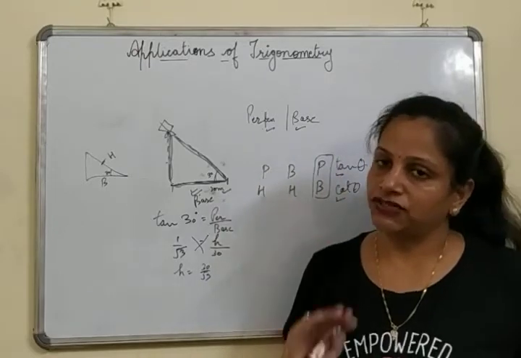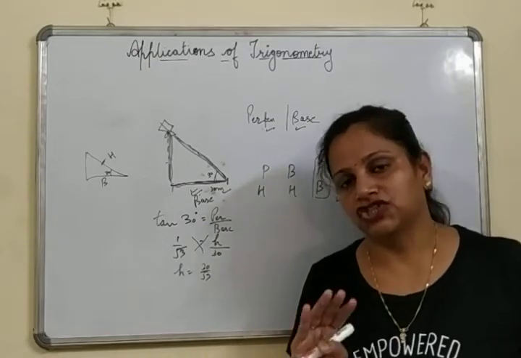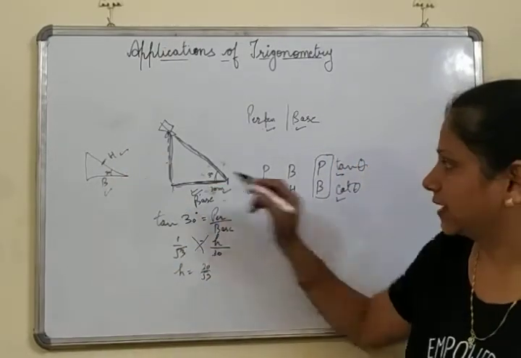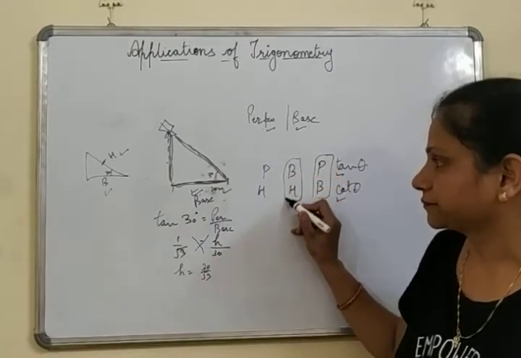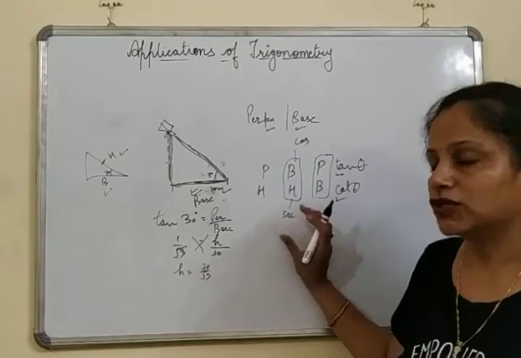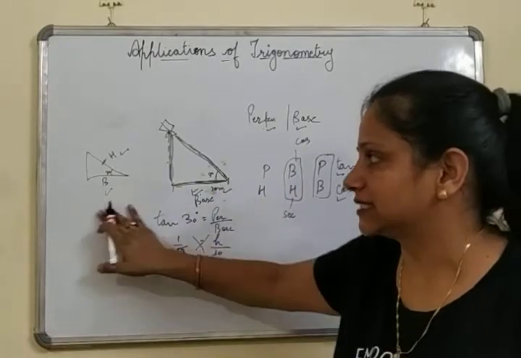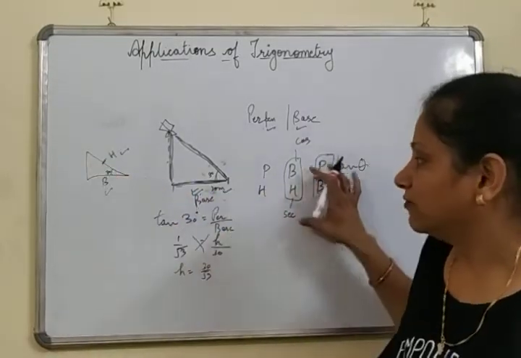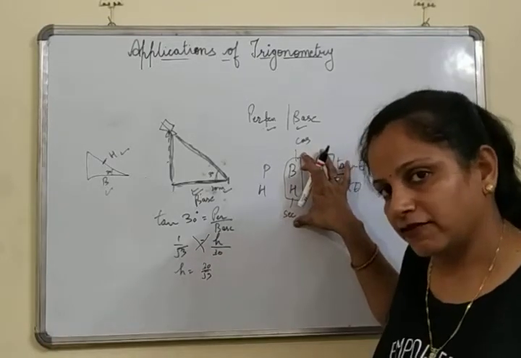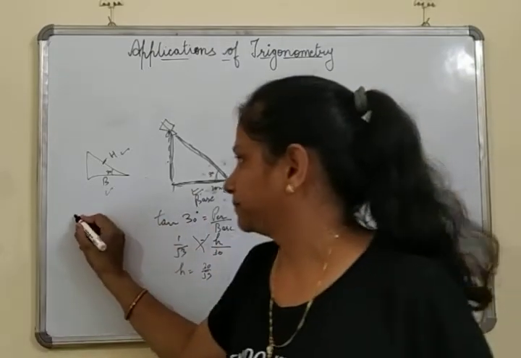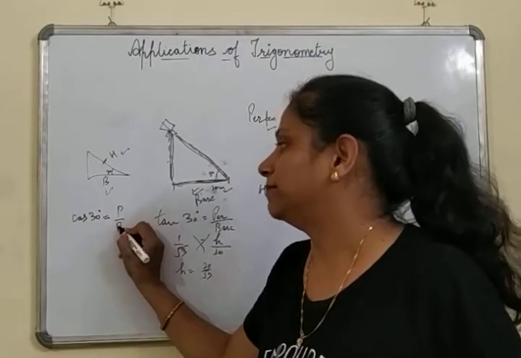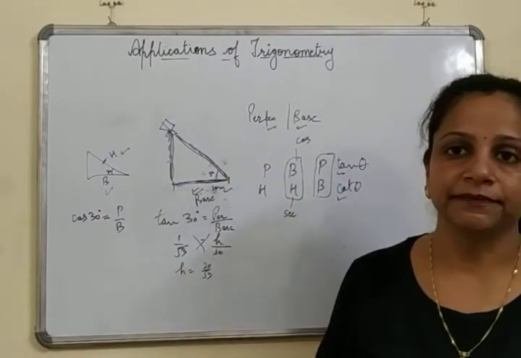Now go again to your 6 trigonometric ratios and see which 2 ratios involve base and hypotenuse. Now base and hypotenuse I am getting here, that means this is cos, and if we take hypotenuse and base, that means it is sec. So in this case, where we want the length of the string, we will be choosing either cos or sec. Fine. Say for example I choose cos, so this will be cos 30 degree. Formula for cos is perpendicular upon base, and what is the value for cos 30 degree?